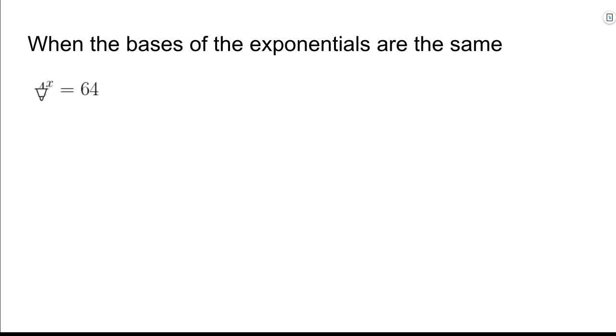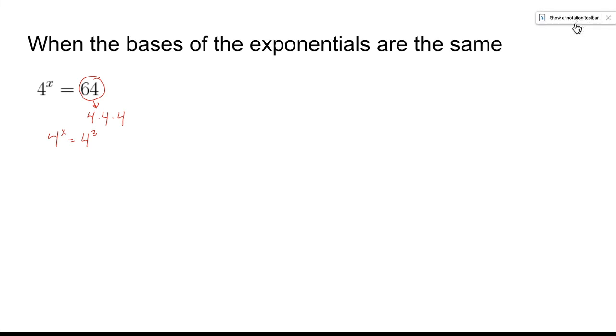Well, these don't seem to be the same, but you have to recognize that 64 can be rewritten as 4 times 4, which is 16, times 4 more. 16 times 4 gives us 64. So we can rewrite this equation as 4^x equals 4 to the third power.